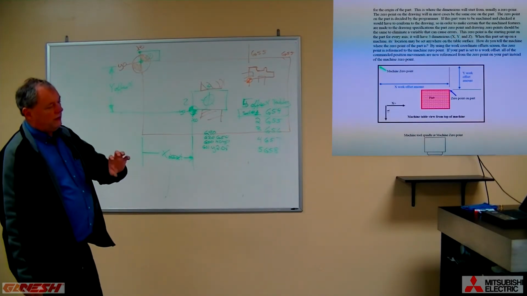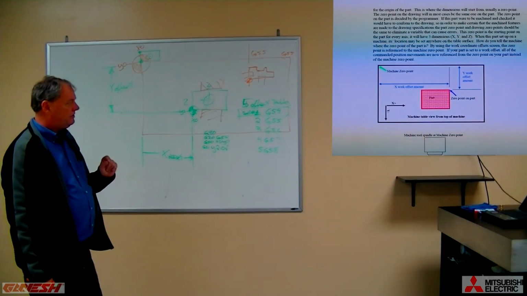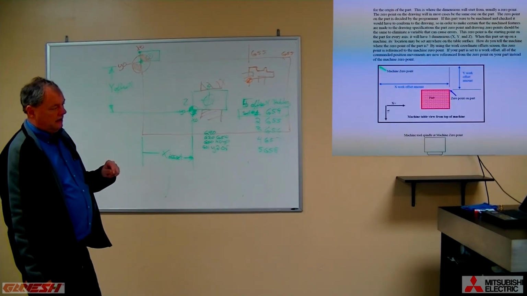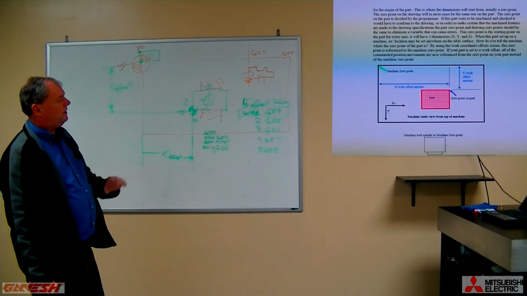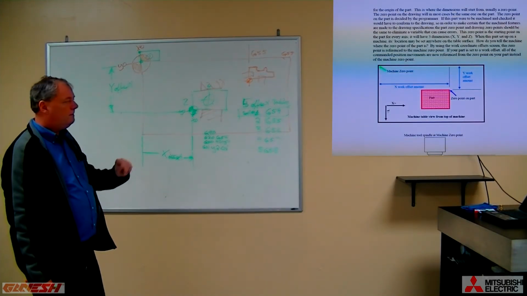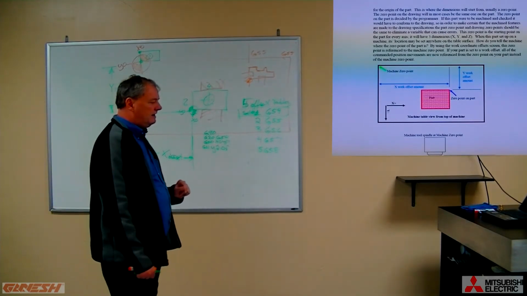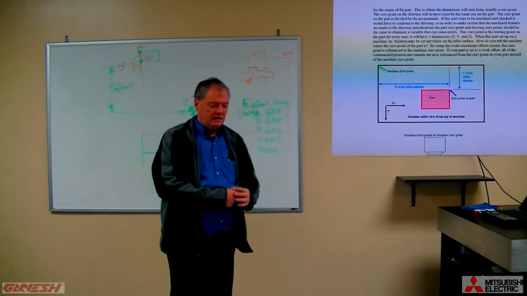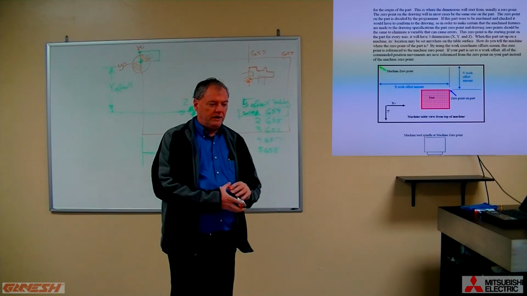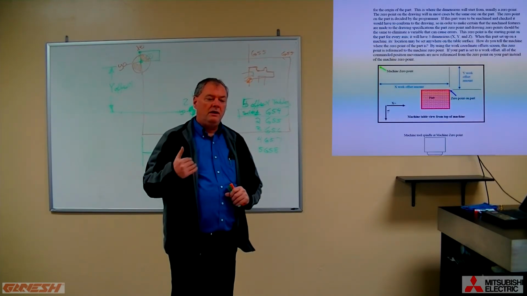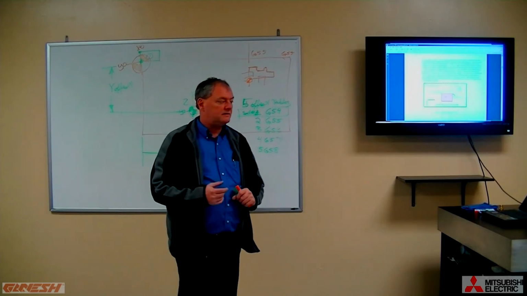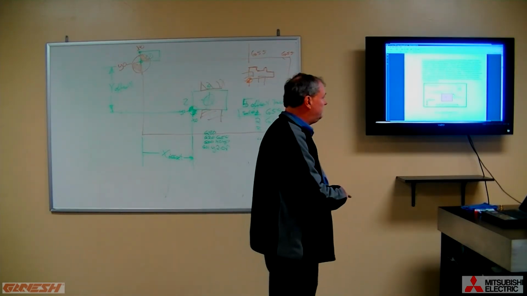So now we're at a point where I believe we should focus on making a more challenging real part. This is going to take you a little time to do, but I think it will be of great value because it's going to use multiple tools and multiple techniques that we talked about: cutter comp, drilling cycles, different tool offsets, and tool length offsets.